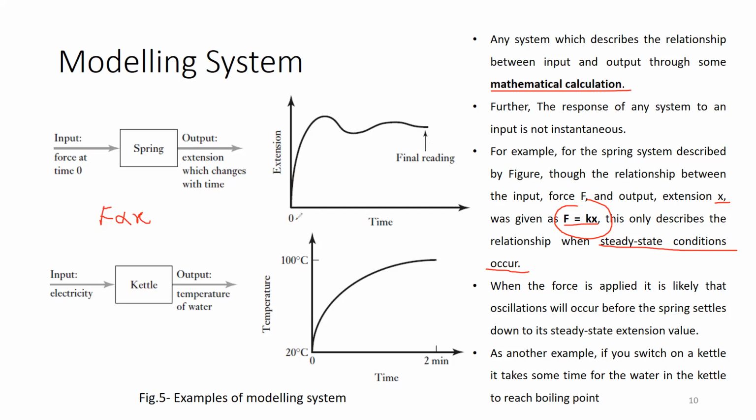That means when you suddenly apply the extension, the more amount of force has to be applied for starting the extension. Then this force will reduce, then it will become stable, and at this time only you will be able to achieve this extension X. Okay, that means when you start, you go for more force, then you reduce the force and you make it stable.